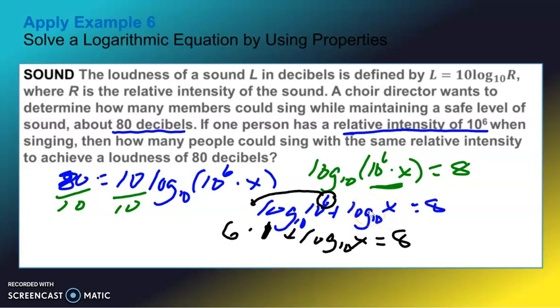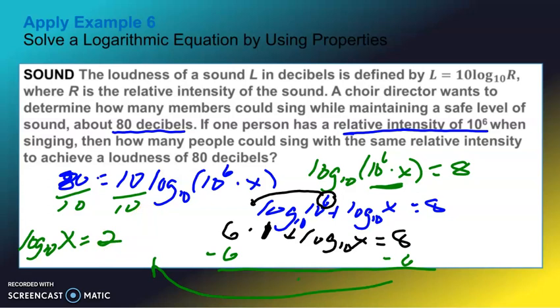Now I want to get this log base 10 of X by itself. So to do that, I'm going to subtract 6 on both sides. And now I have log base 10 of X equaling 8 minus 6 is 2.